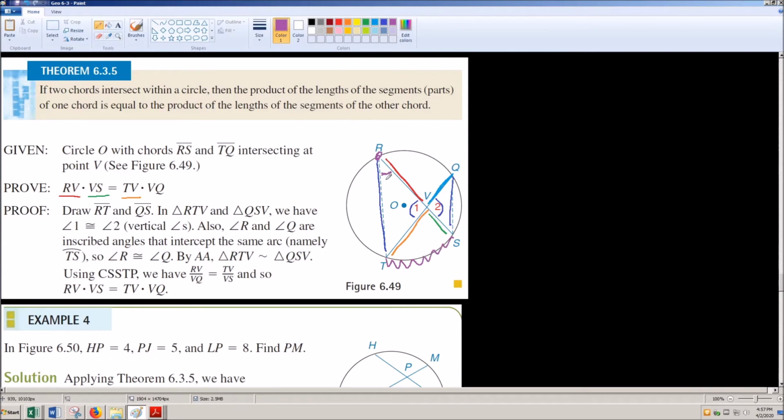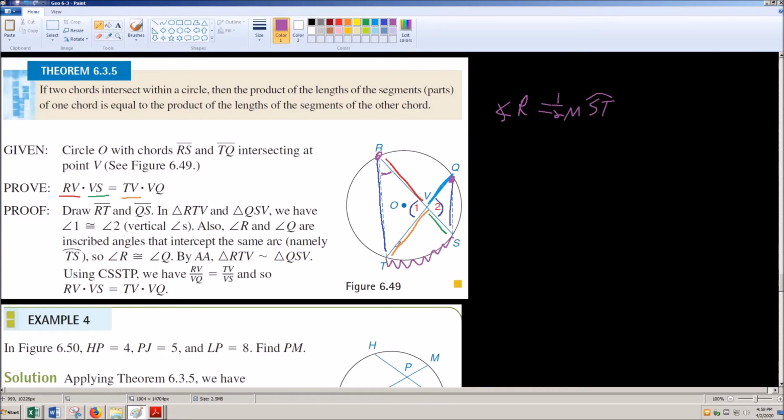So angle R here is 1/2 the arc ST. So I'm just going to jot that down: angle R equals 1/2 the measure of arc ST. And now if I look at this point Q here, again on the circle, where is its intercepted arc?